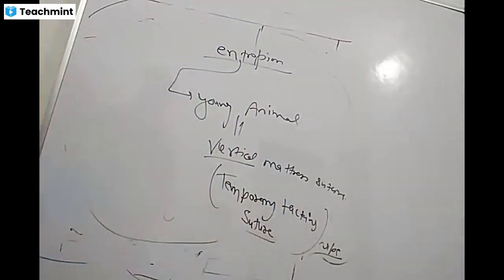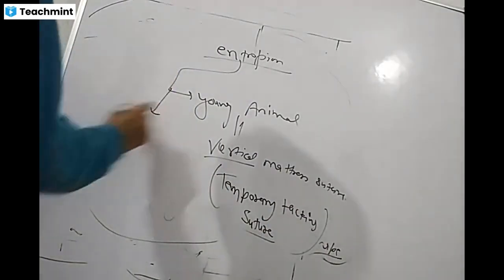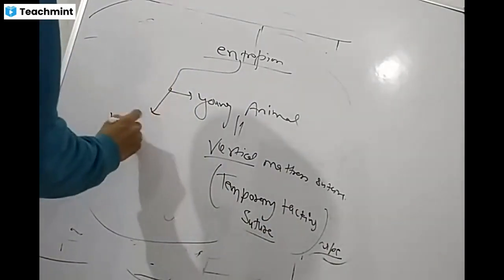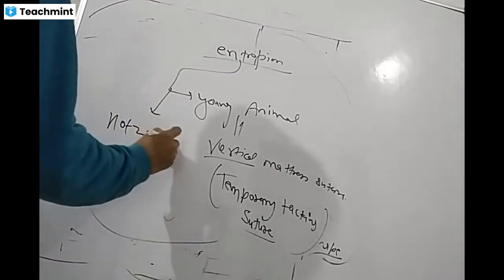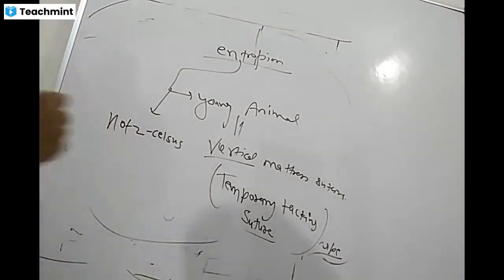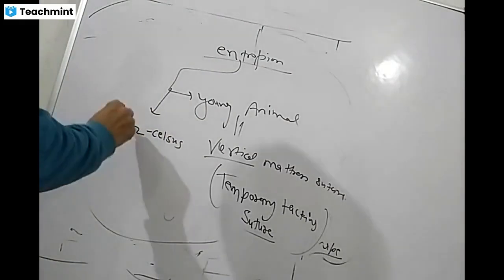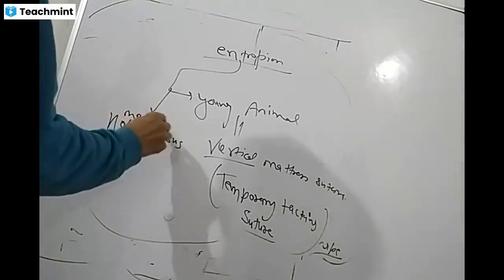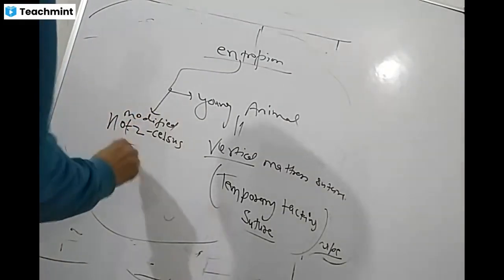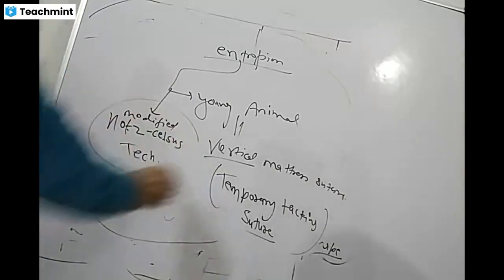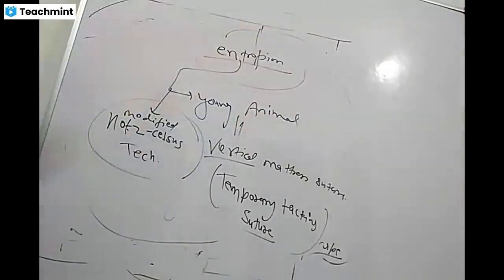So temporary tacking sutures are nothing but vertical mattress sutures used in young animals. And the most famous technique is the Hotz-Celsus technique, modified or simple, for the correction of entropion.